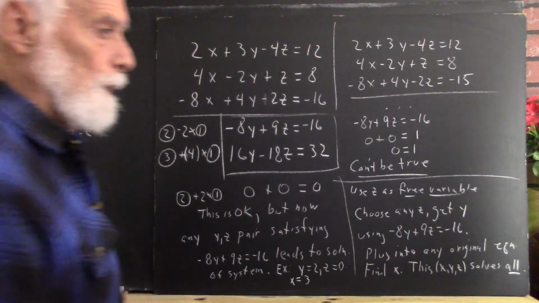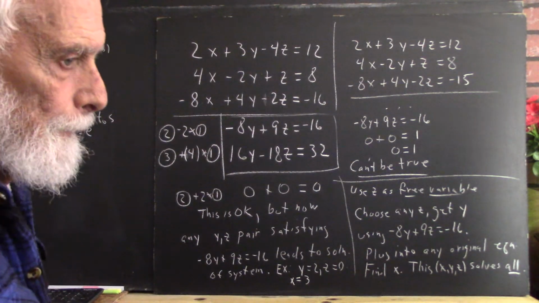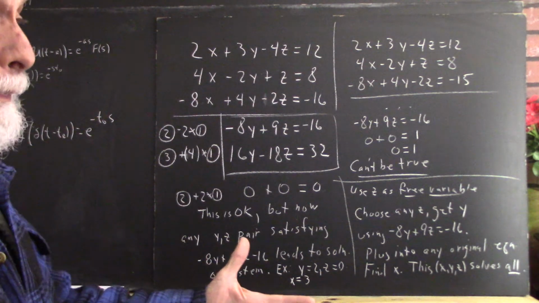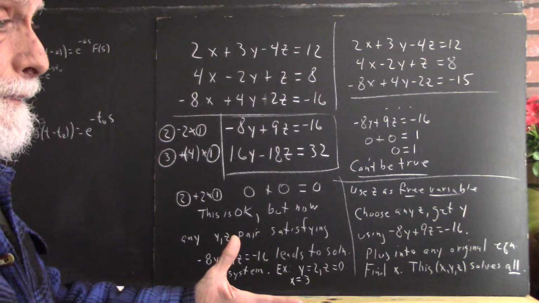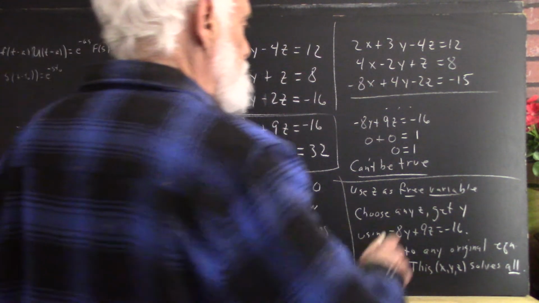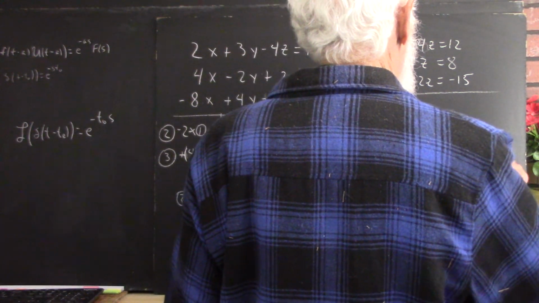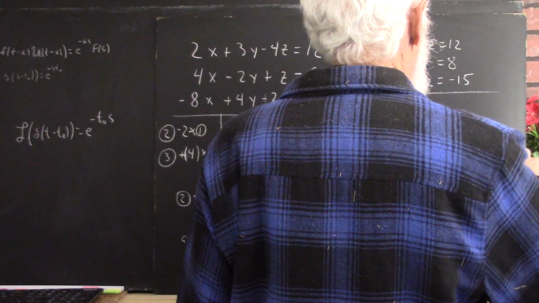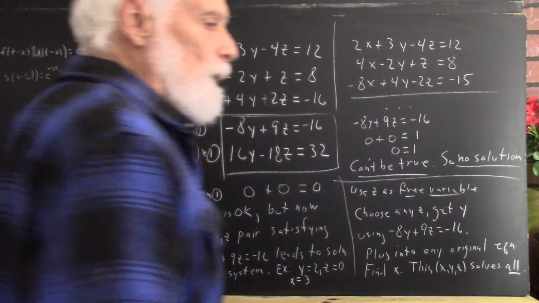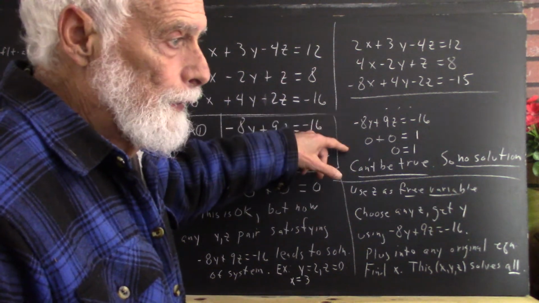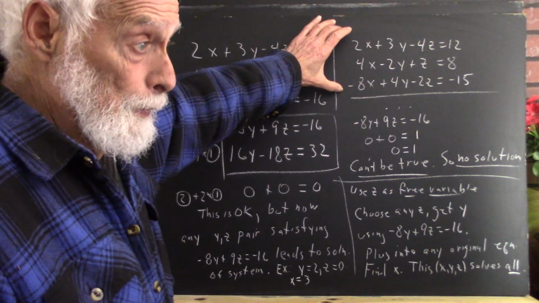And this can't be true. So there's no solution. There's no 3 numbers x, y, and z that make this system true.